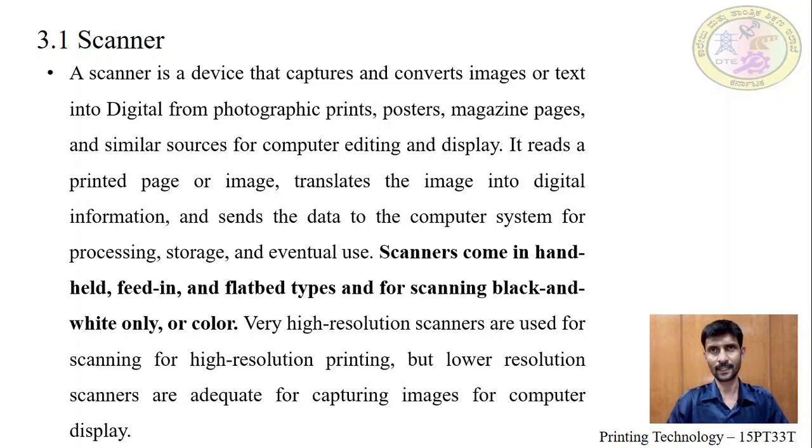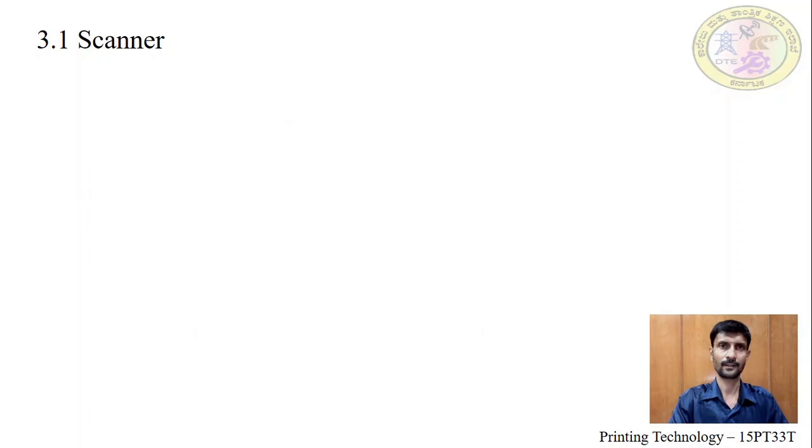Normally, what we use are desktop scanners, which can be used for home purposes, normal purposes. For printing purposes, it should be a high resolution scan which captures high quality pixels of the images. Low quality scanners can be used to capture images for web applications or computer displays, not for printing.